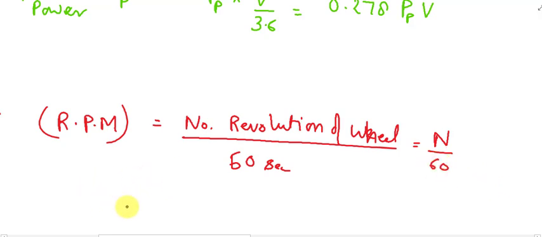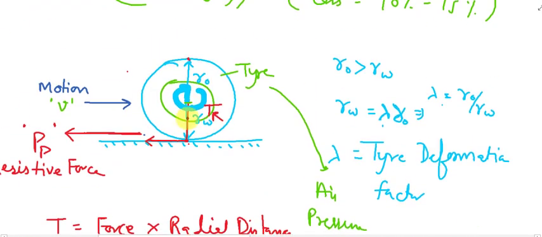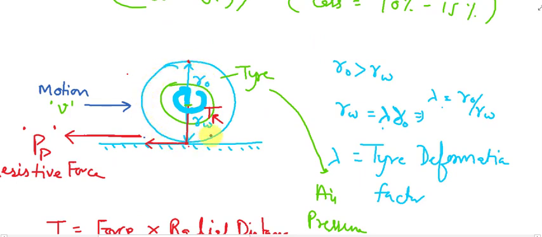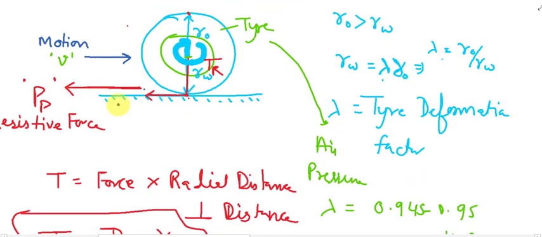Okay, but when we are talking about the speed, small v is equal to circumference of wheel divided by time, or we can say that this small v is equal to how many revolutions this wheel has taken for 1 second.